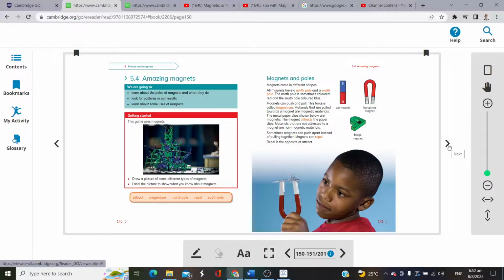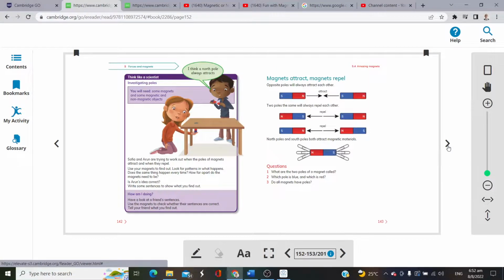That was what we were learning in our previous class last week, before you went on the cross country run. Some of you asked me what is attract, what is repel. If you still don't understand that, let's recap.